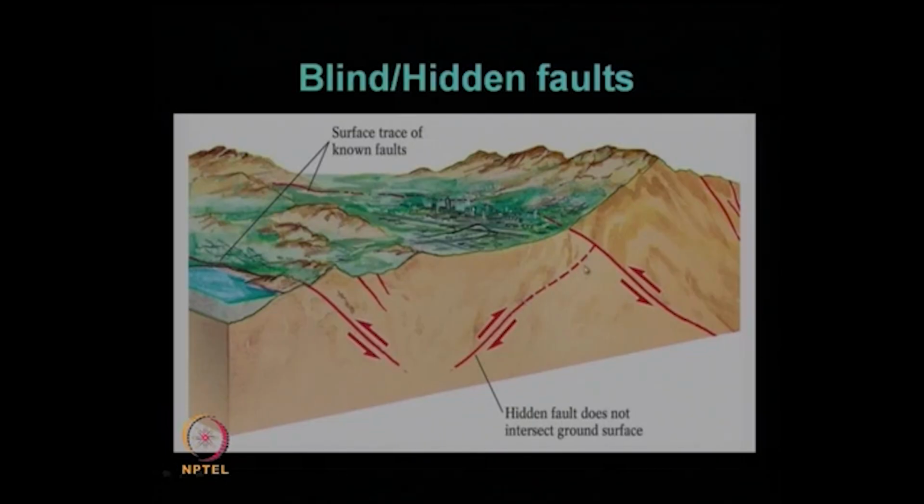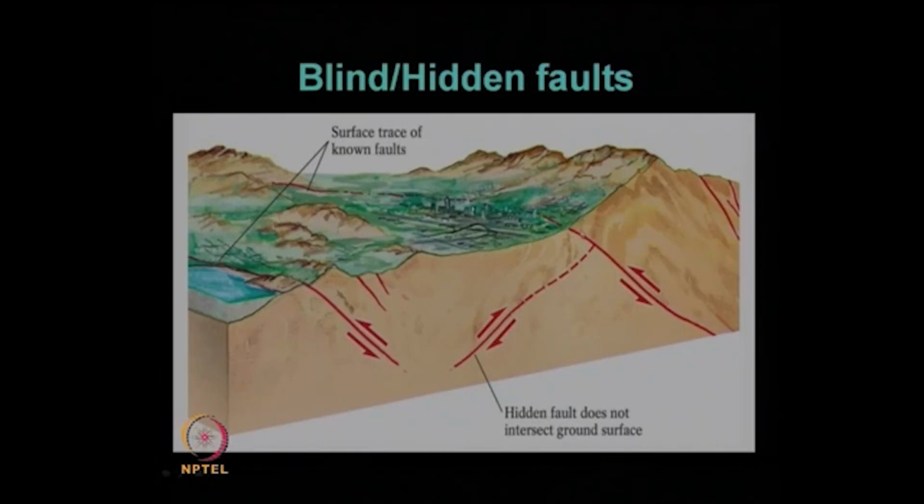This fault plane is not creating any surface trace on the ground surface. So, obviously, people in general will not be able to identify this fault at the surface level. That is known as a hidden fault, because it does not intersect the ground surface, or another name is blind faults.